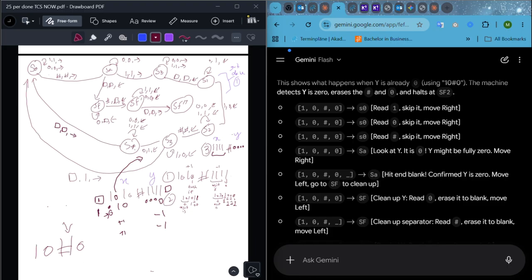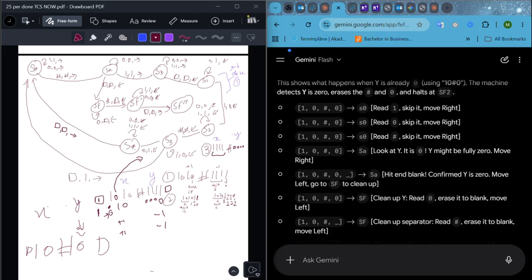After it reads one step right, it's looking at the Y over here, because that's what it says here. If you see a hash, keep it a hash, move one step right, go to SA. And its job is to just take us to Y, to the first digit of Y.